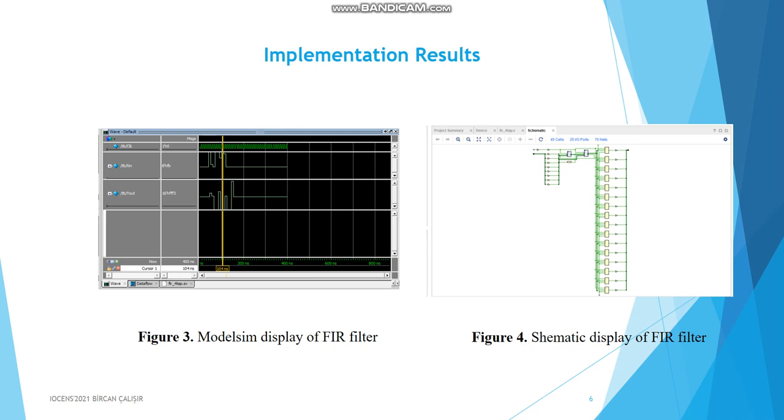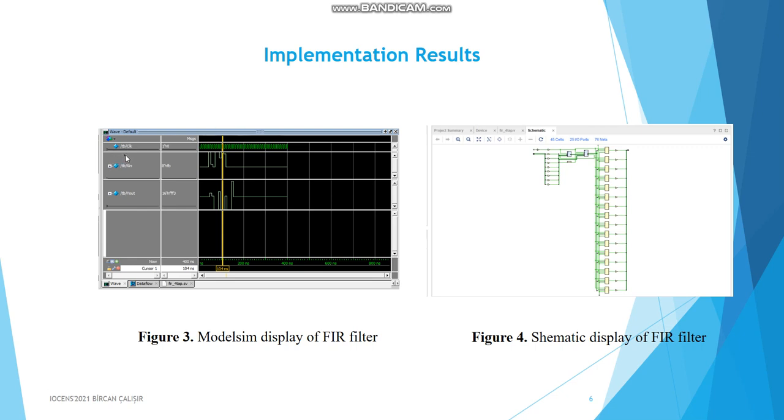Implementation results. Prototype filter of FBMC is simulated first in ModelSim 10.4 and filter input and output are given with Figure 3. Filter in, filter output with clock cycle.